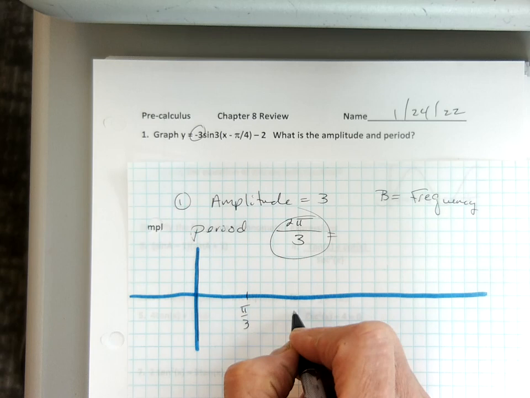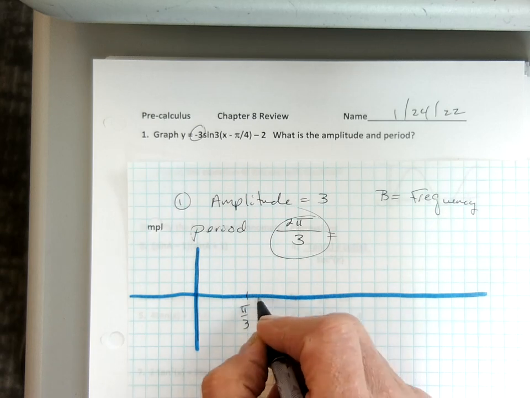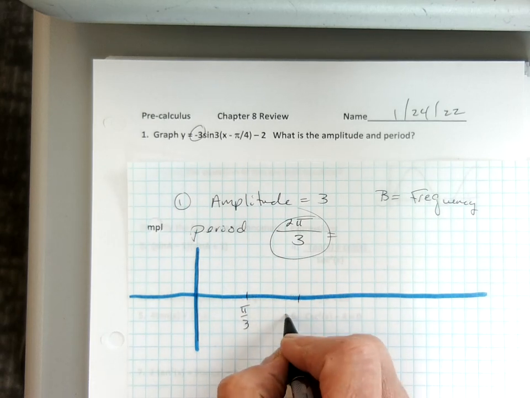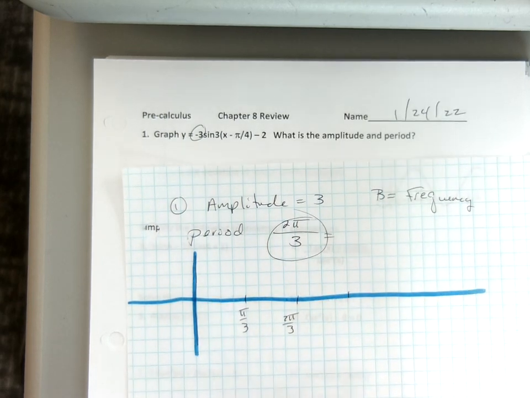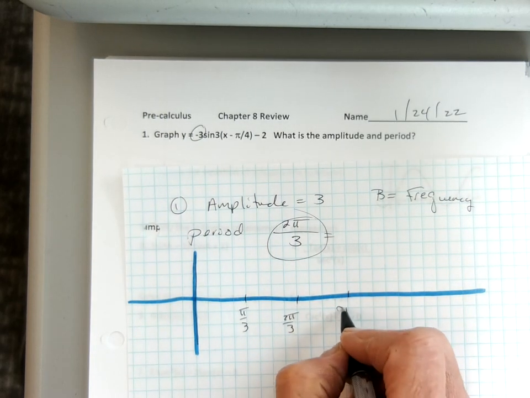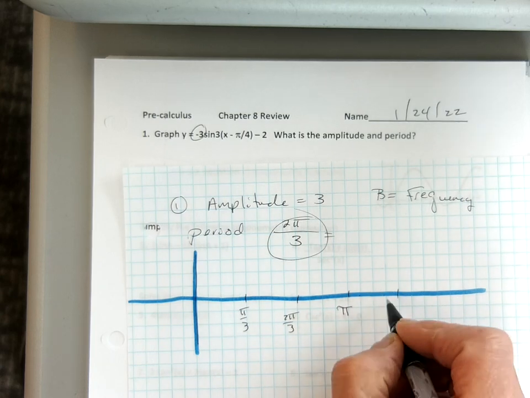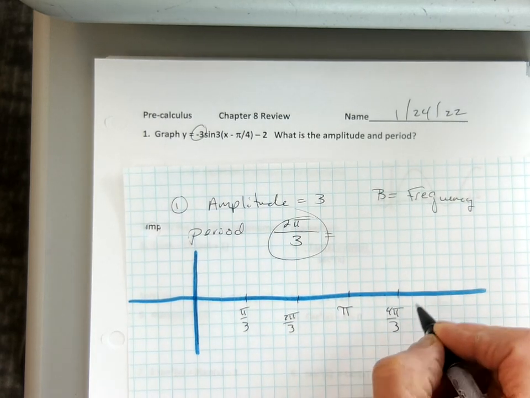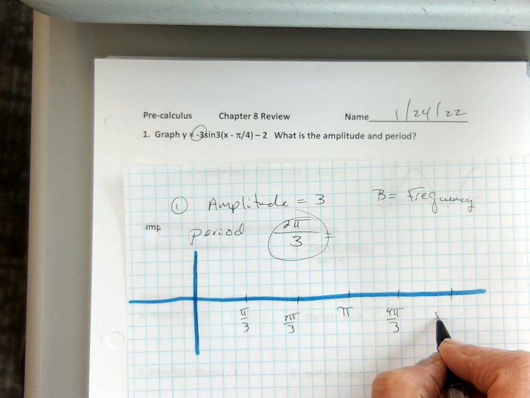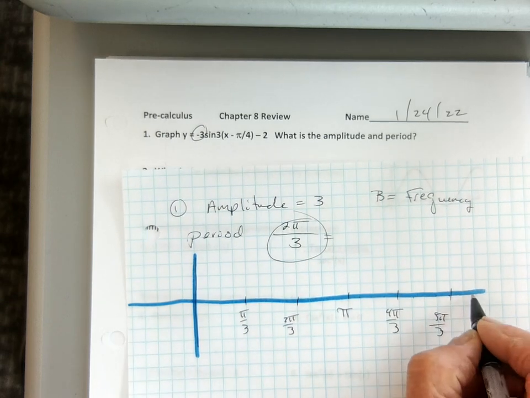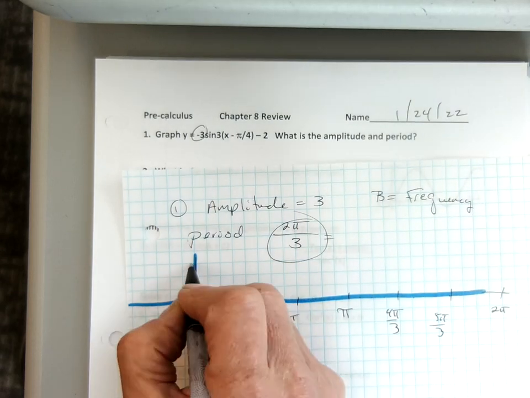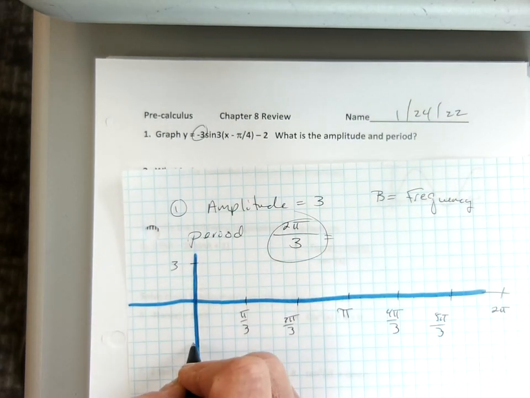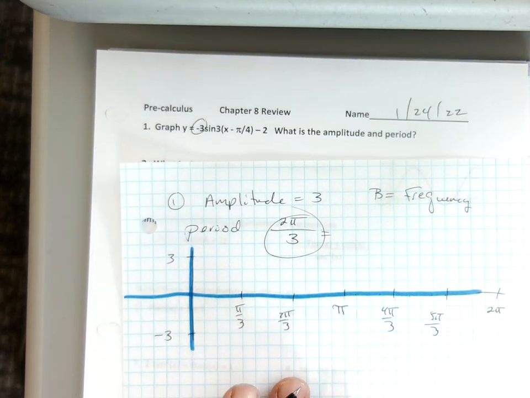Not pi halves, pi thirds. 2 pi thirds. 3 pi thirds. 4 pi thirds. 5 pi thirds. And 6 pi thirds. And I'll let you get caught up, okay?